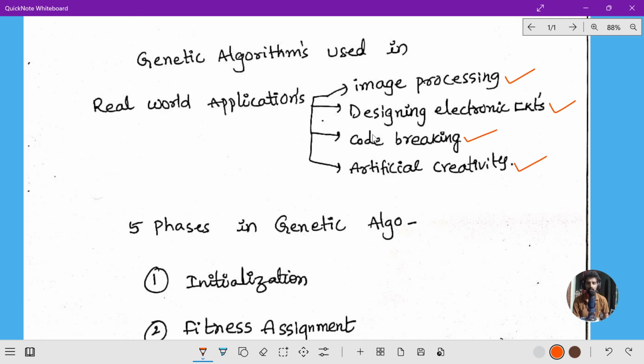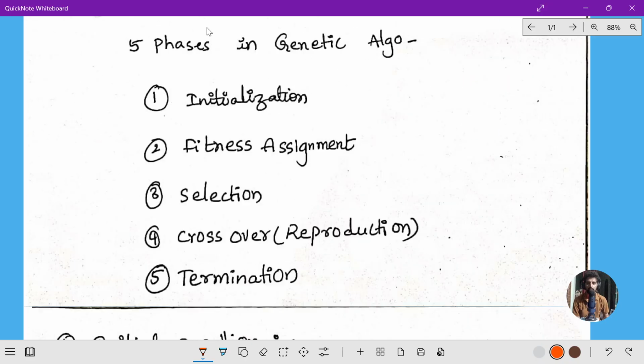So there are four applications in total. When you write the exam, this is the important part, so please note it down.